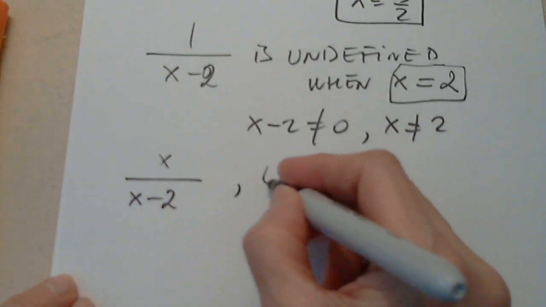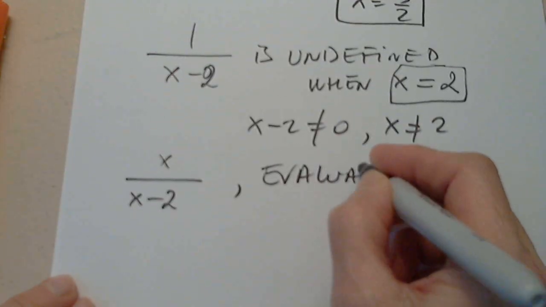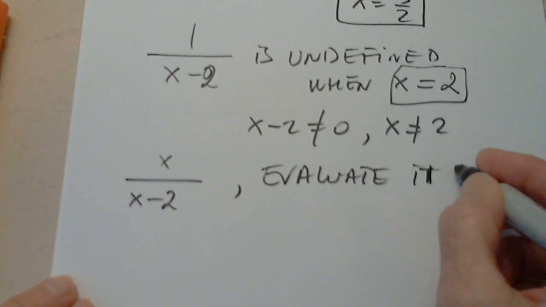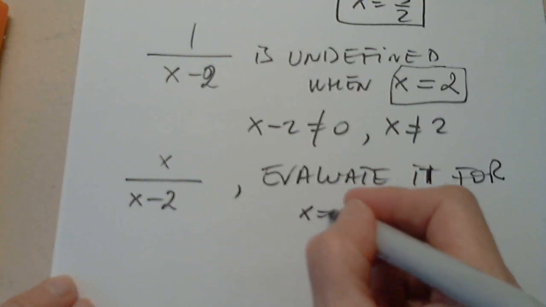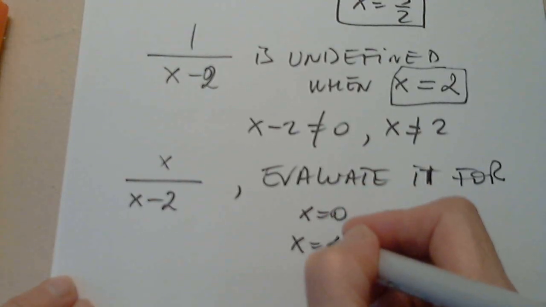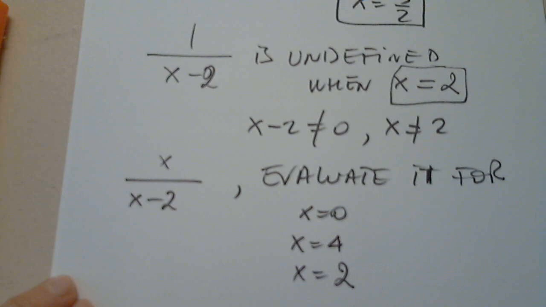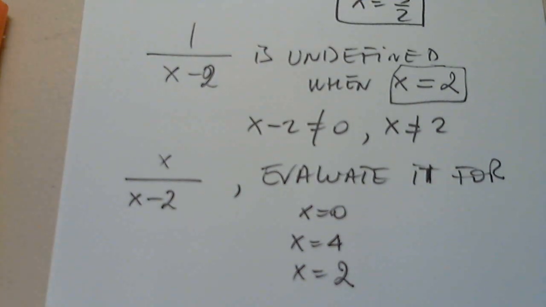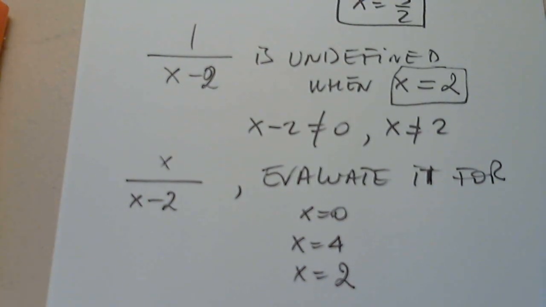Okay, what if I have the following rational expression, x over x minus 2, and I'm asking you to evaluate it for x equals 0, x equals 4, x equals 2. What would you do? What do we need to do?